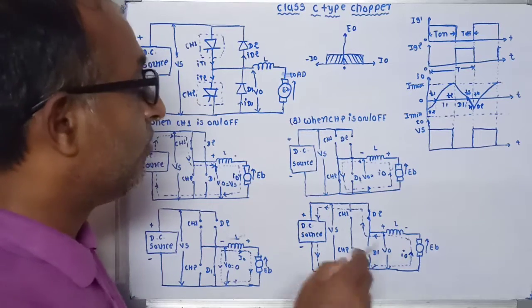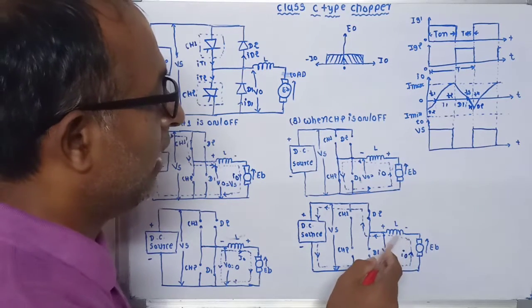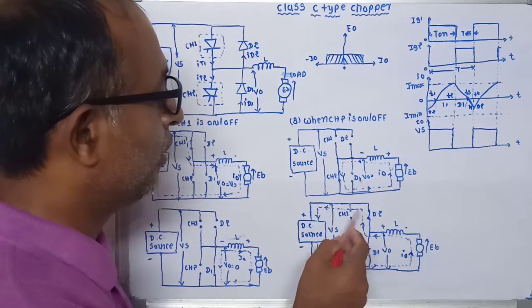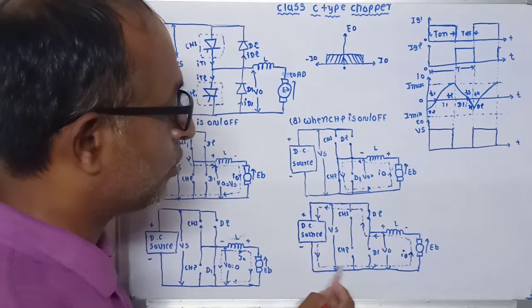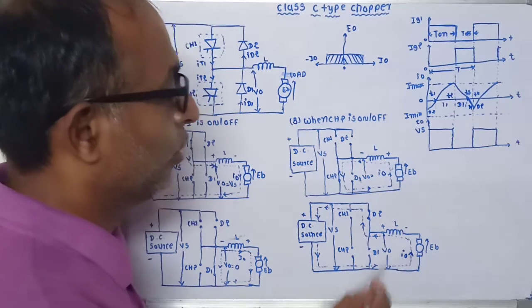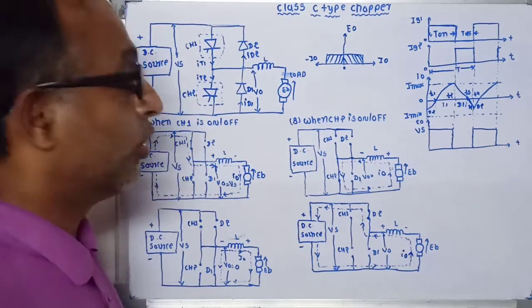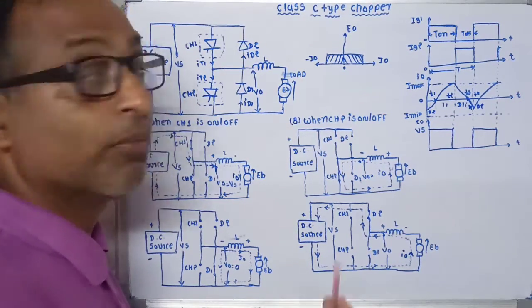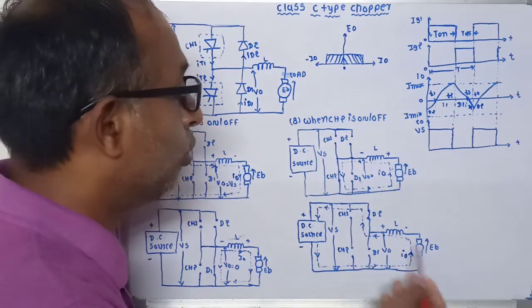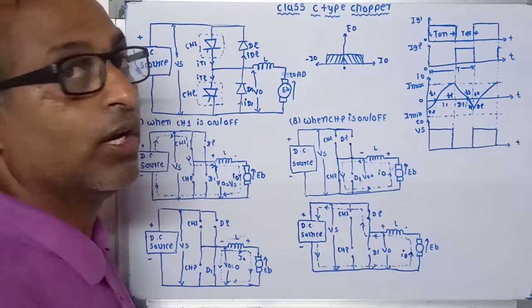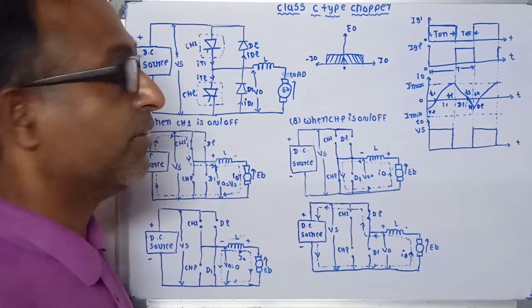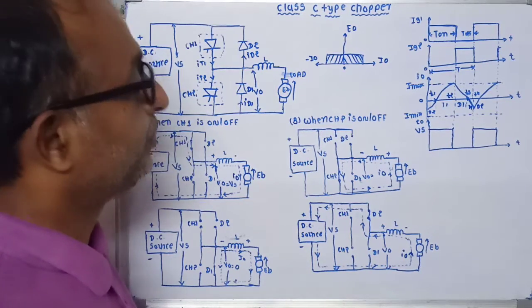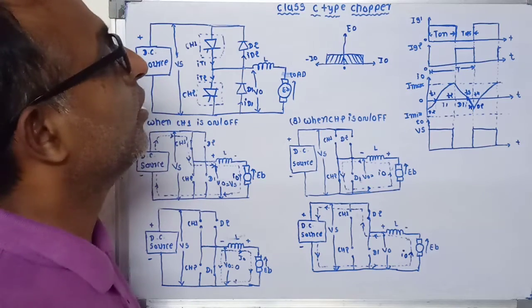The current flows from load to L through diode D2, then the DC source, and from the negative of the DC source to the load. So the power can be transferred from load to source, and the direction of load current is also reversed. This is the basic working.